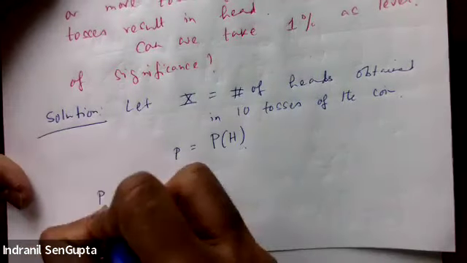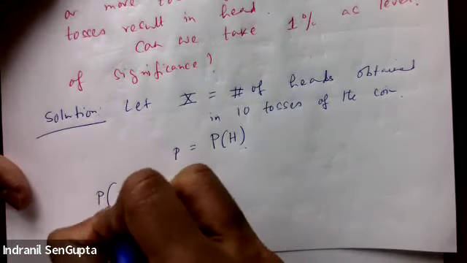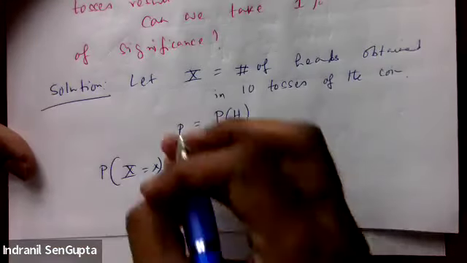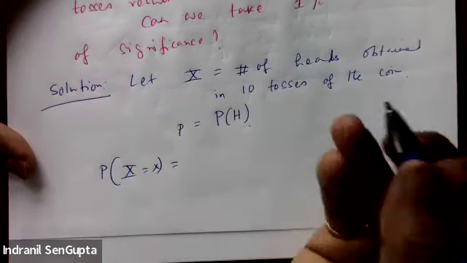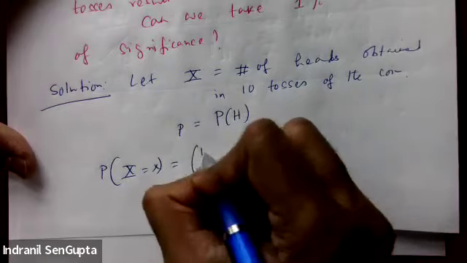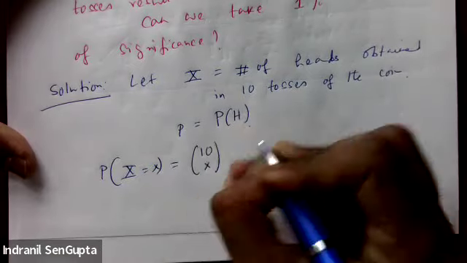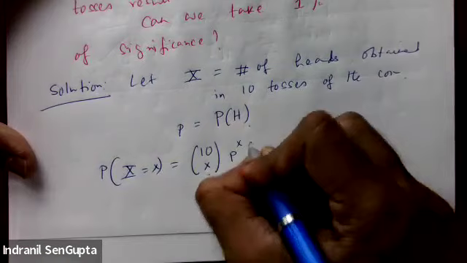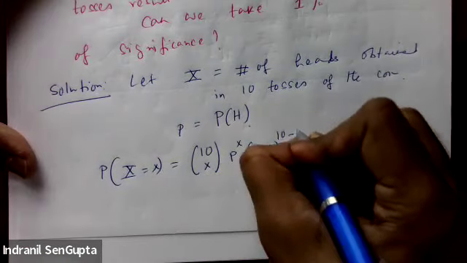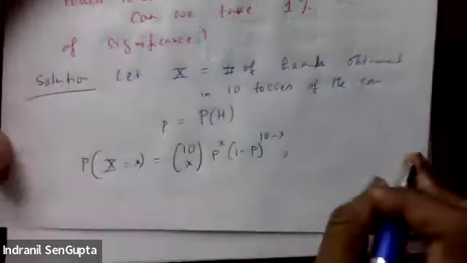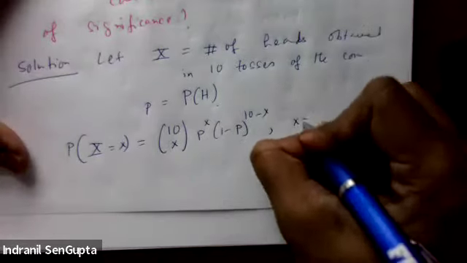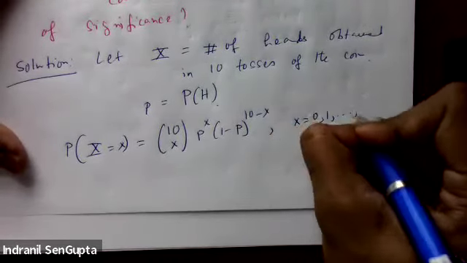So the probability of X equals little x, just like the last problem, except in the last case I believe we had 5 tosses. Here we have 10 tosses. So it's 10 choose x, p to the x, 1 minus p to the 10 minus x. It's a simple binomial distribution, where x can be 0, 1, all the way up to 10.